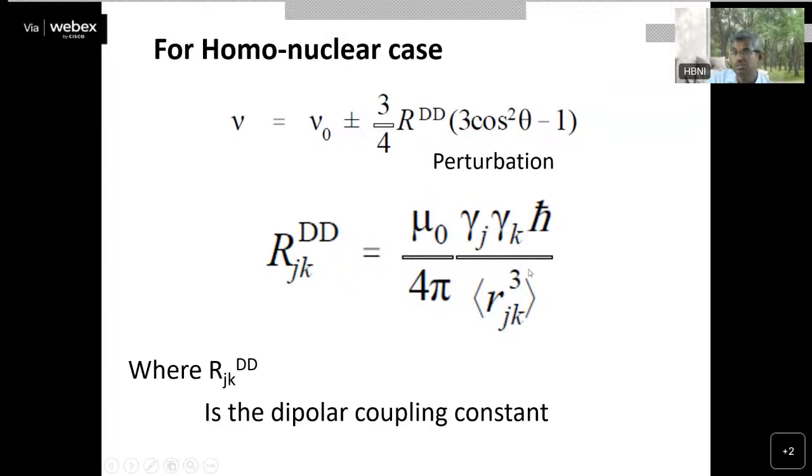So as the distance between the nuclei increases, the R cube will increase, and since it is in the denominator, the dipole-dipole interaction will keep on reducing. That is why, in the first class, I showed you the sodium chloride structure. Sodium is having a near neighbor chlorine at a distance of a by 2. But if you increase that distance, then what happens? The dipole-dipole interaction will also decrease. In fact, as R increases, it decreases as the inverse of the cube.